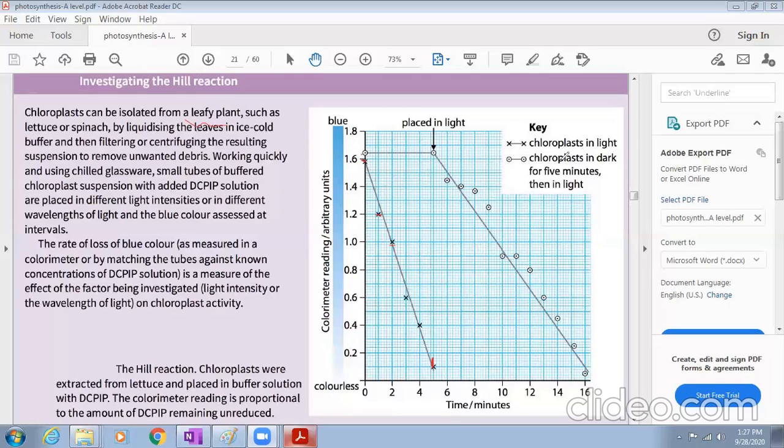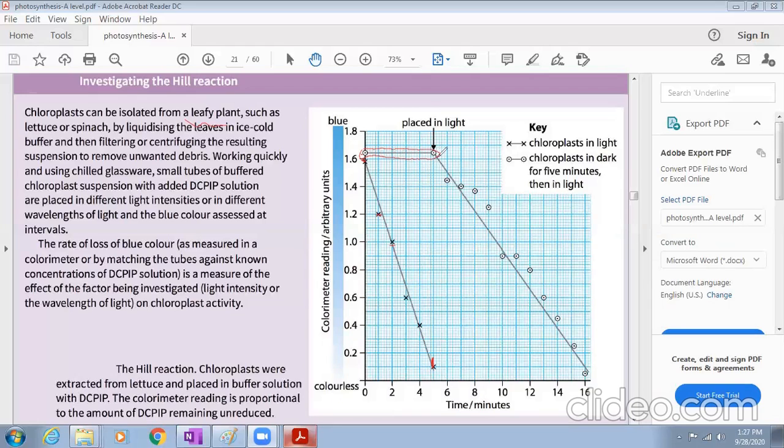Now, on the other side of the graph, chloroplast in dark for 5 minutes, then in light. We keep this solution for 5 minutes in the dark. There is no light, so the color remains the same.